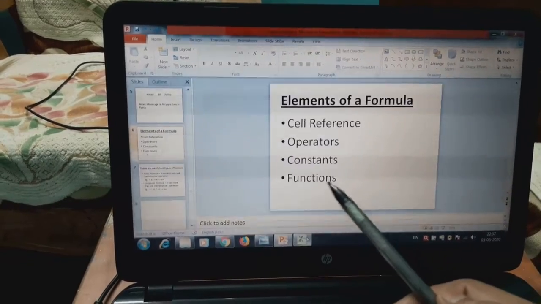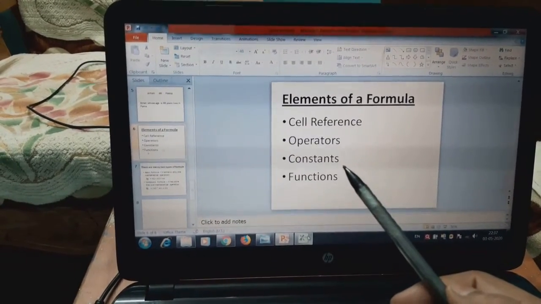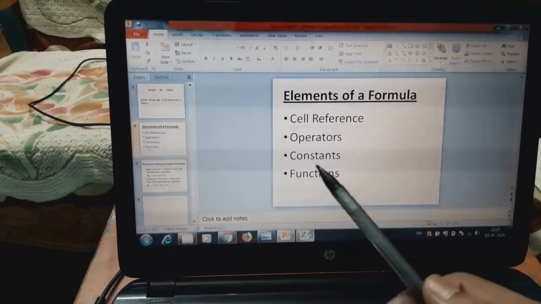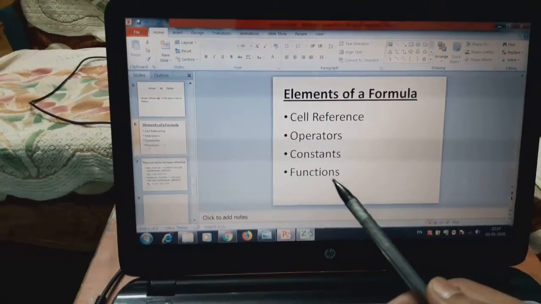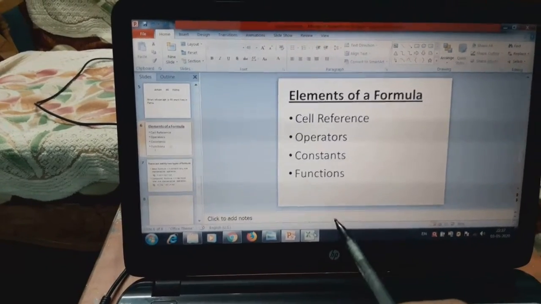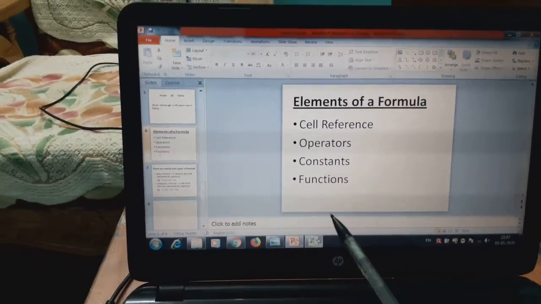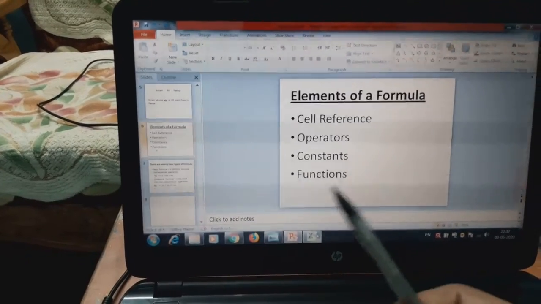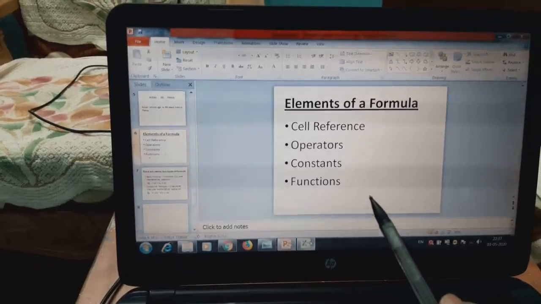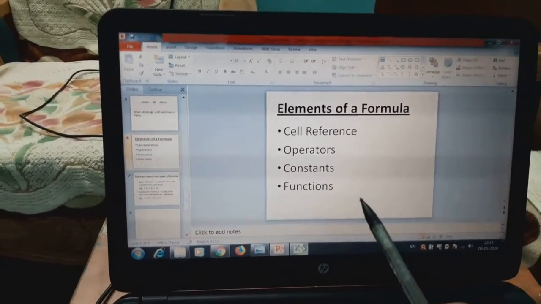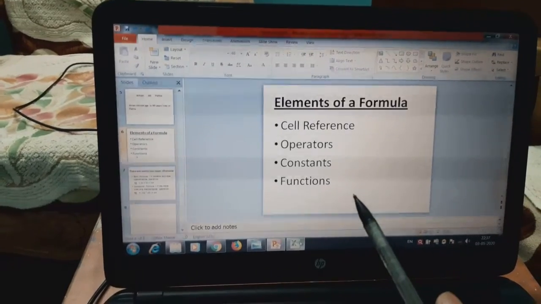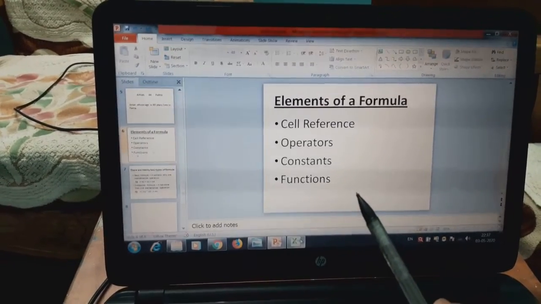So these all are constants, because constants are the numbers or text values that can be entered directly in a formula. Okay, now coming to the last, that is function. Functions are predefined formulas in MS Excel. Functions have some kind of work and are predefined formulas in MS Excel, which are used to find out the calculation in an easy way.